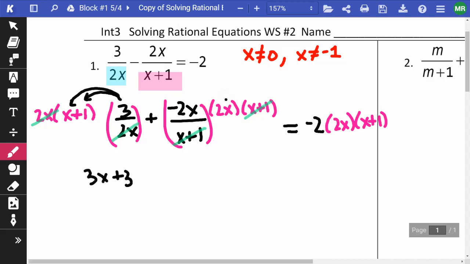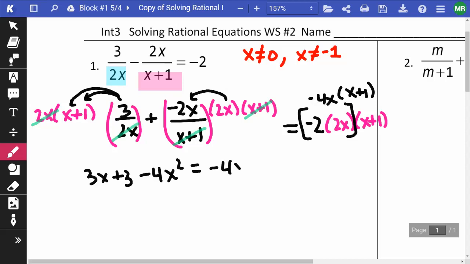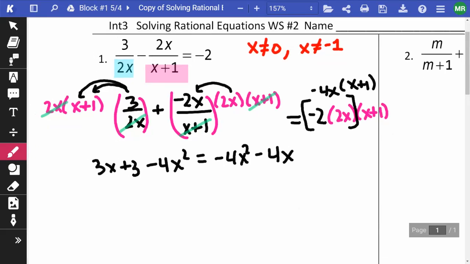Over here, my 2x is going to multiply with this, which is going to be a -4x squared, equal. And on the other side, this right here is going to be a -4x, and that is going to be multiplying by x plus 1. So that's going to give me a -4x squared minus 4x.